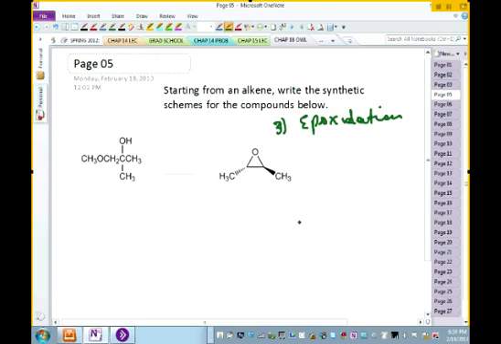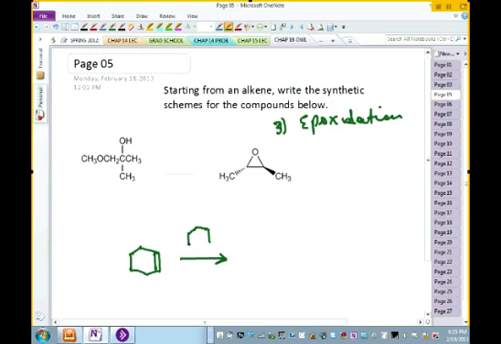Epoxy ether. Here, if you take this, you have a carbon-carbon double bond, and then you use, have you guys heard of m-chloroperbenzoic acid before? Right? Okay.